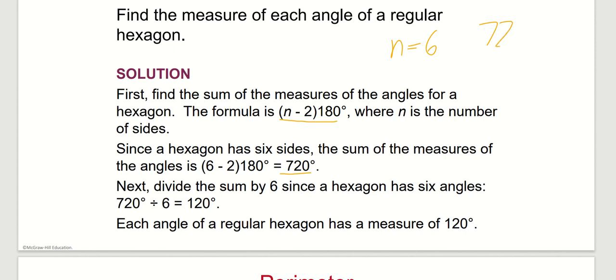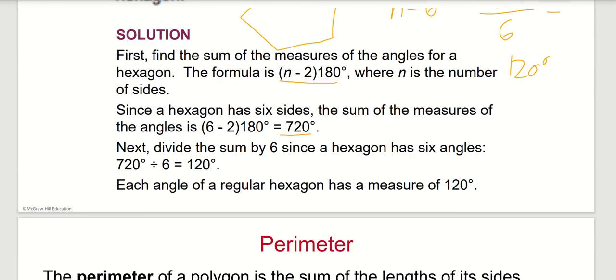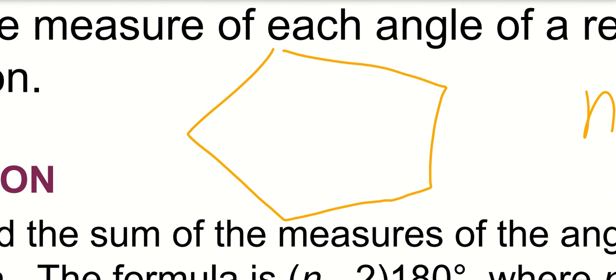If all of the angles are equal, then that 720 is divided equally up amongst the 6 sides, and that would give us that the measure of each angle would be 120 degrees. So if I try to draw my best regular hexagon here, each of these angles would have a measure of 120.